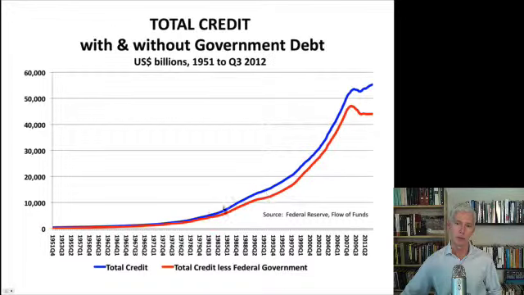Now, you've seen the blue line before. This is total credit. It's gone up now to $57 trillion. The red line is total credit without government debt. Now notice that without the $5 trillion increase in government debt, the total credit number would have begun to contract, because the private sector actually began to pay down its debt during the crisis.